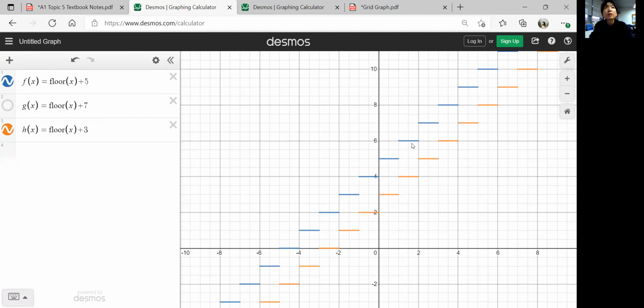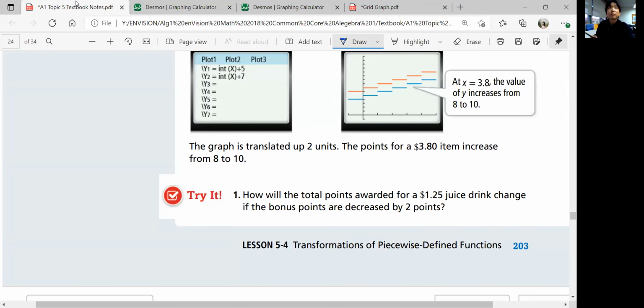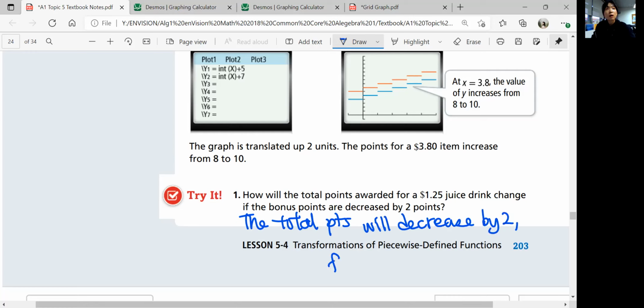From 6 points, you get 4 points only, right? Sad, but that is your answer. The total points will decrease by 2, from 6 to 4.